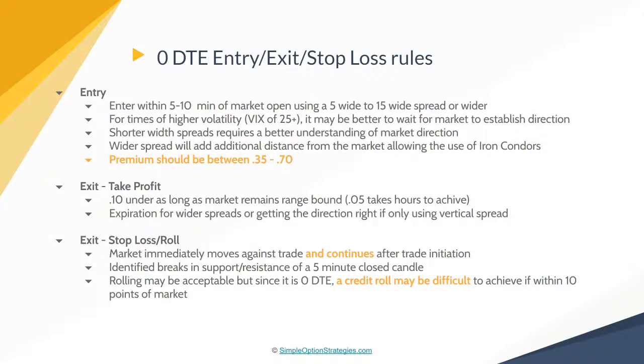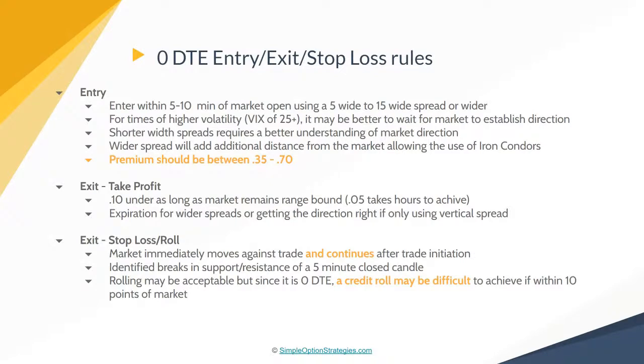The ideal area is 10 points or higher in a volatility space like we are today, around 25 to 30. So you want to roll that trade where you can actually get a credit for it, rolling it out, let's say 7 days, and giving it distance from the market.